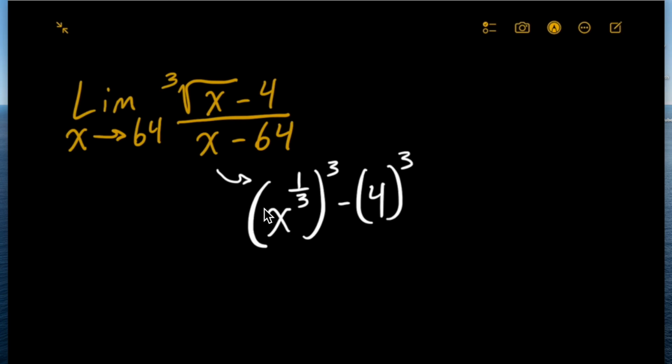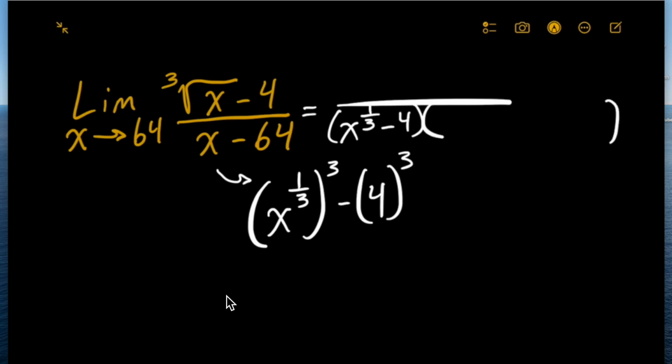So using that information, we know that our a equals x to the 1/3 and our b equals 4. So we can put our setup as, and our trinomial as x to the 1/3 squared, which is x to the 2/3, plus 4x to the 1/3 plus 4 squared.